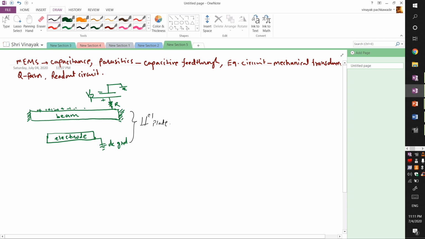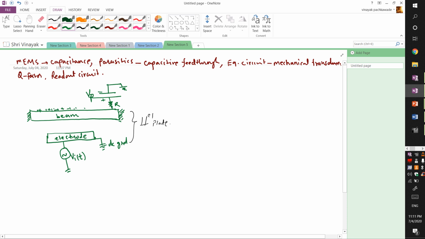Alright, so now we are going to apply an AC voltage to this bottom electrode at a certain frequency. So what is going to happen here is we have this beam, and then we have this electrode. We apply AC voltage to this electrode, and the DC voltage VP is applied to the beam, which is clamped at both the ends.